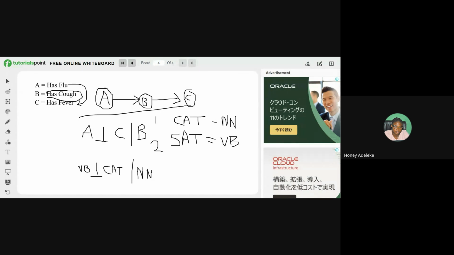Another example that we have in our material here is student performance. We have A being study hours, B being exam score, and C being class attendance. So exam score can be conditionally independent of study hours, given attendance.